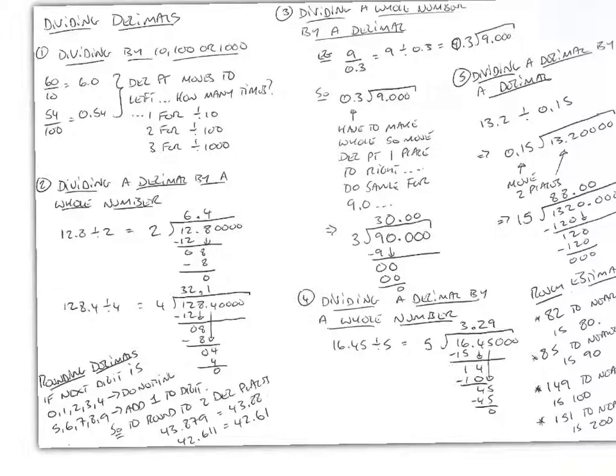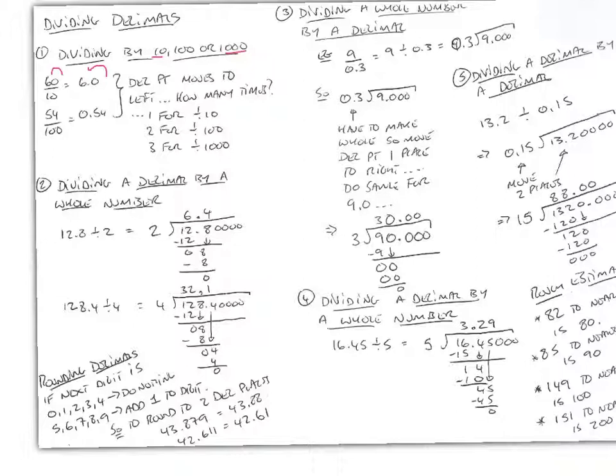So let's just see here what happens with decimals if we're dividing decimals by 10, 100 or 1000. Well, if we're dividing a decimal by 10, the decimal point moves 1 place to the left.